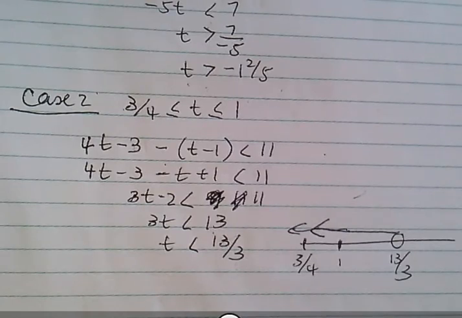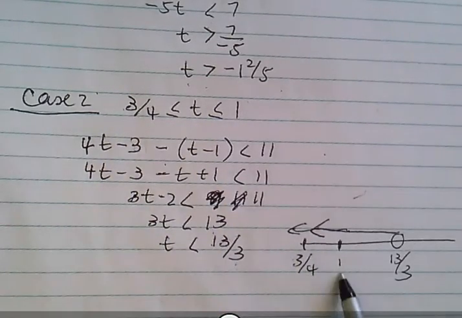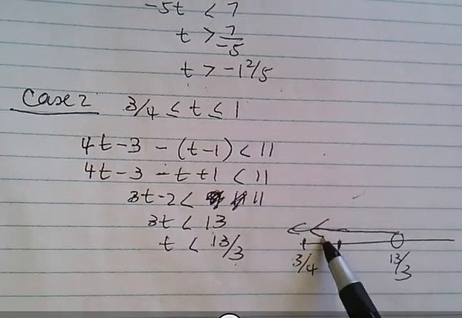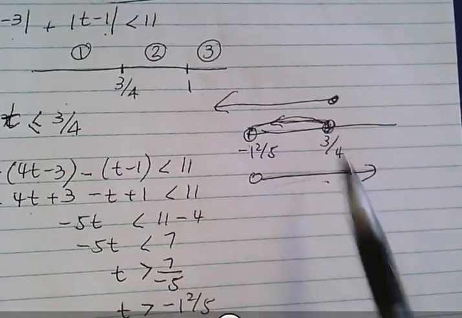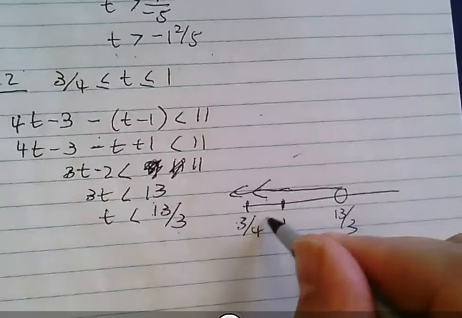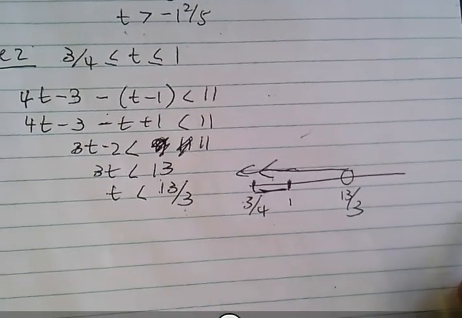Do you sort of get that? So t is less than 13 over 3 is not the solution. I want all these values, but my case says I only want values between 3/4 and 1. There is an overlap. So far I've got between -1 and 2/5 and 3/4, and here I've got between 3/4 and 1. Bit confusing.